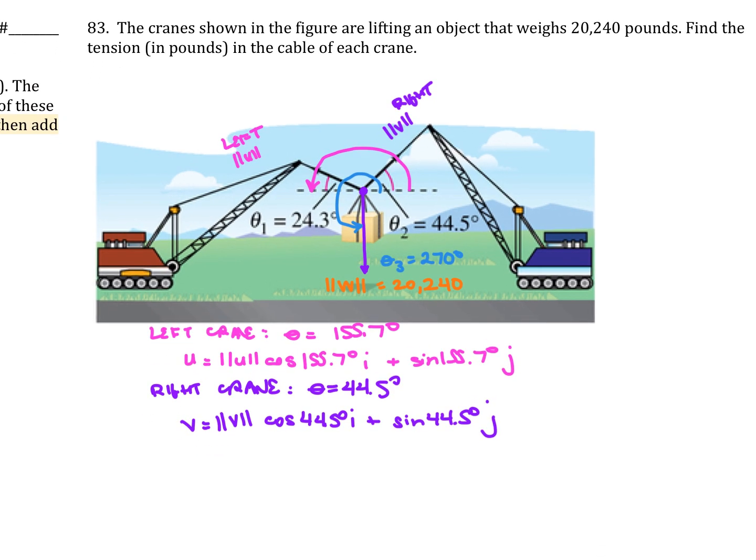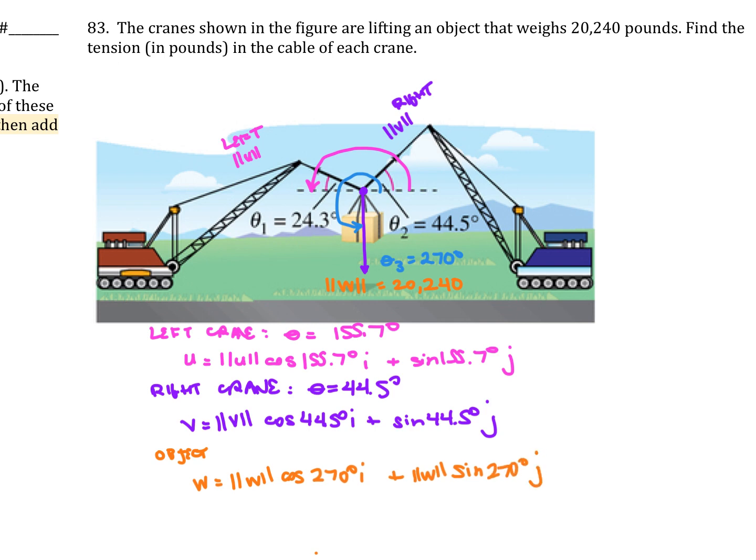Last, let's just do the object, and it's pulling straight down, right? So everything is holding in place. Let's look at our object. I'll call that W, as I called it before. So W equals the magnitude of W cosine of 270 degrees i, plus the magnitude of W sine of 270 degrees j.